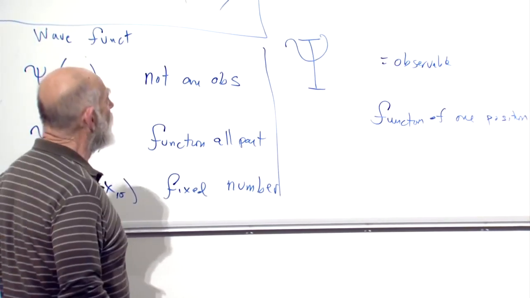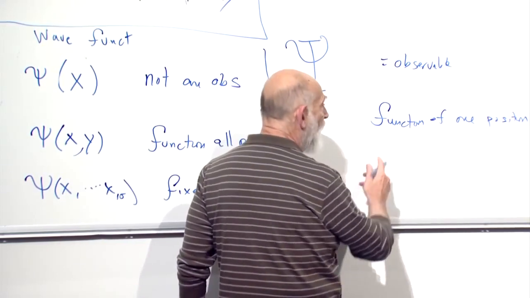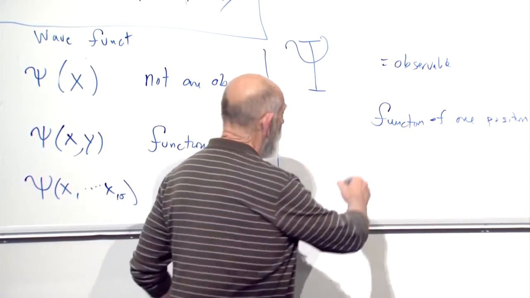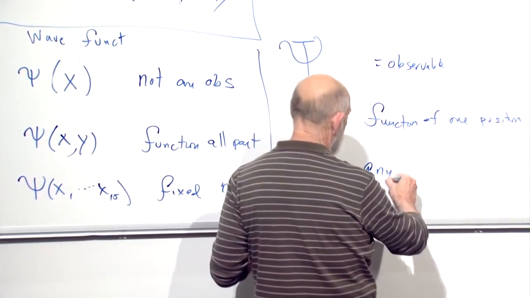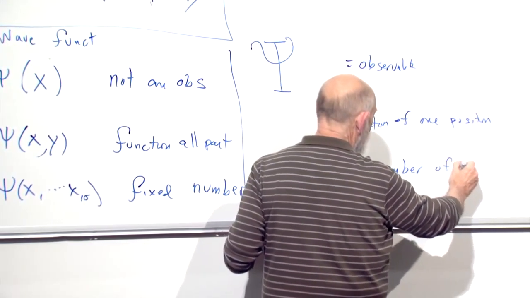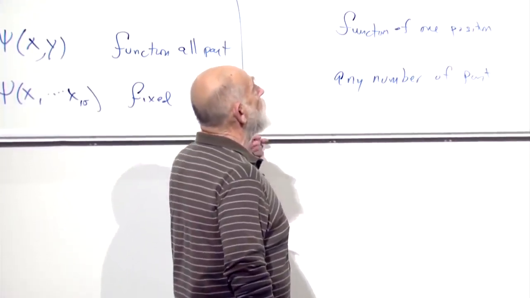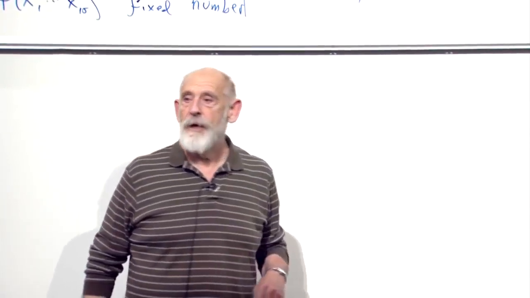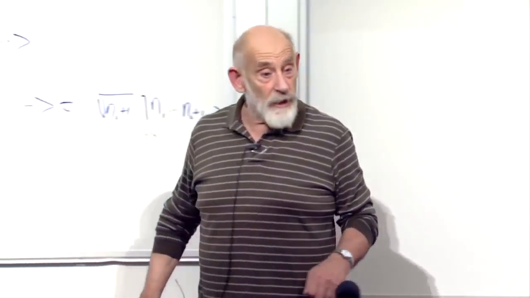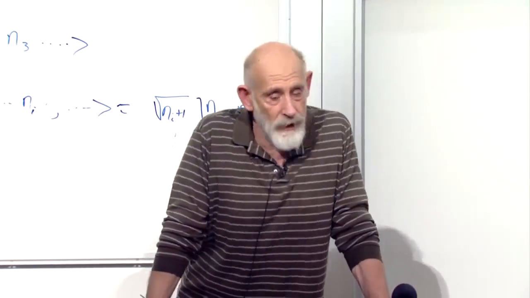And finally, it describes systems of any number of particles. In other words, it's capable of describing systems where particle numbers can change even. How can particle numbers change?